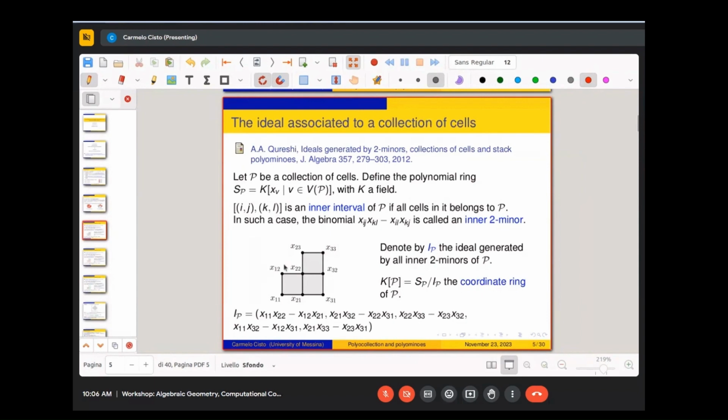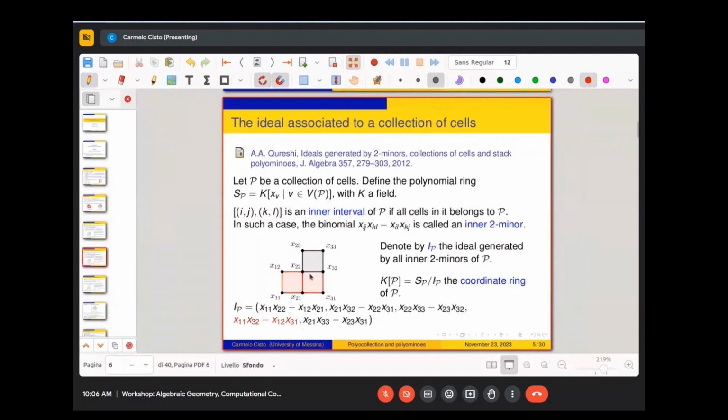You can see in the figure an example of a collection of cells and the related associated ideal. For instance, in the highlighted red part, you can see an example of an inner interval that contains two cells, and what is the associated binomial, the inner minor.